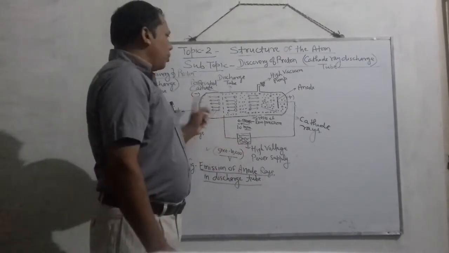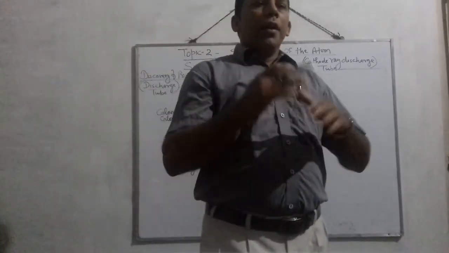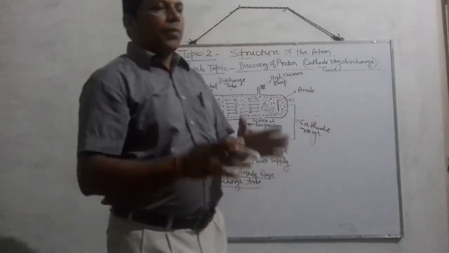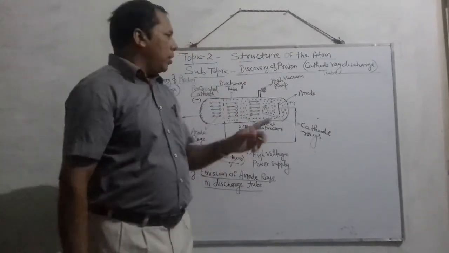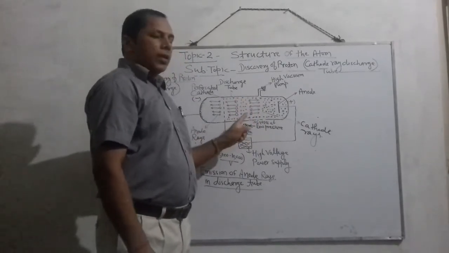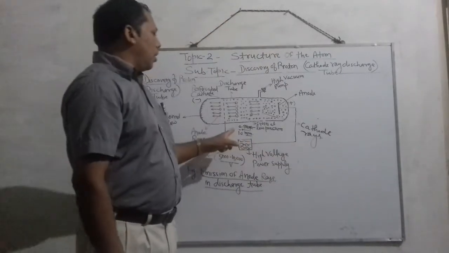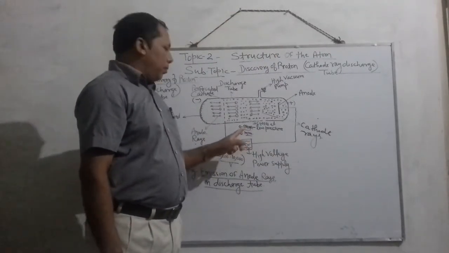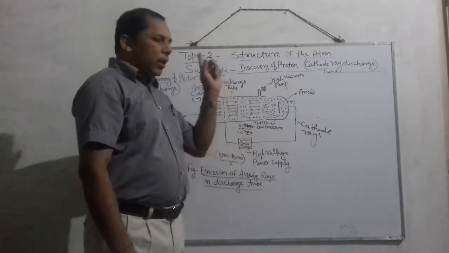The tube is connected with a high vacuum pump for reducing the pressure of the gas, and the gas which we have to study is filled in the tube, and its pressure should be not too much less, of the order 0.1 mm, that is 10 to the power minus 1 mm.